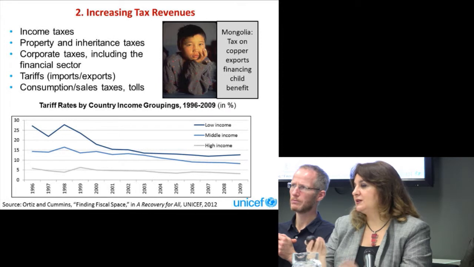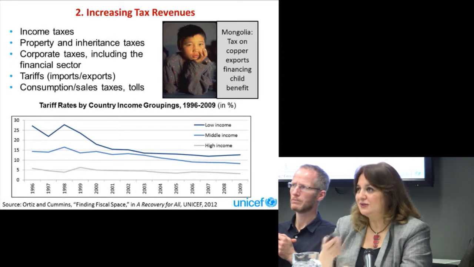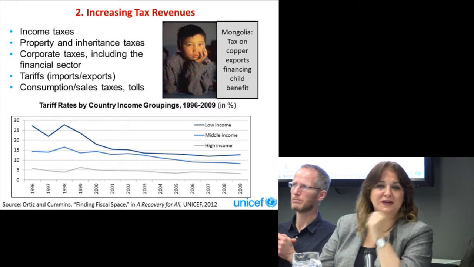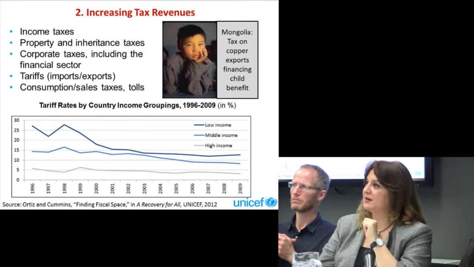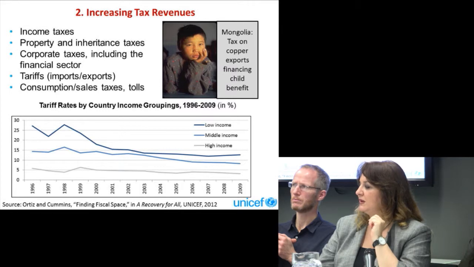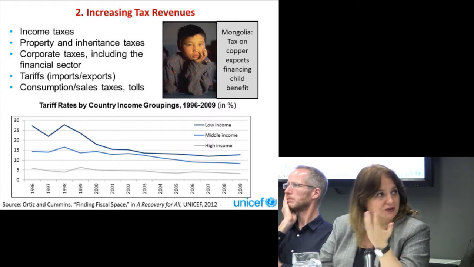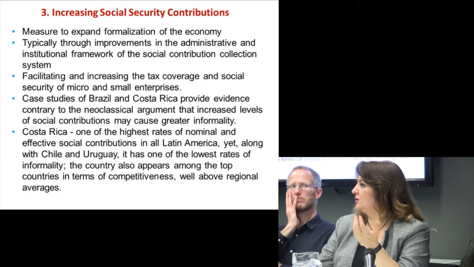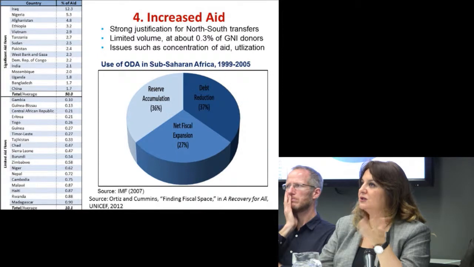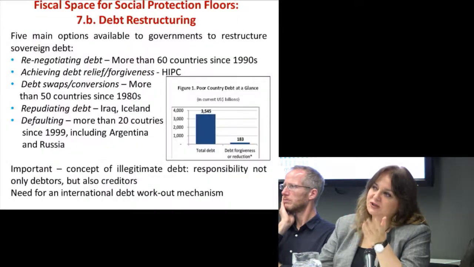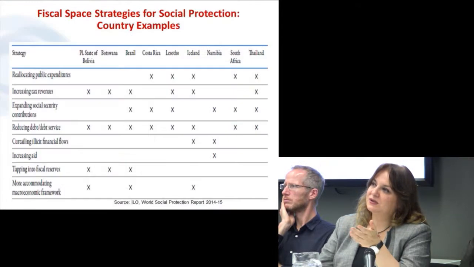And we do have examples from others, and no time to go into them, perhaps in the discussion, but let me say that there are very creative ways to do things, and let me pick an example, Mongolia. Mongolia is financing a universal child benefit from a tax on copper exports. So there are lots of possibilities to expand social protection, and I'm going to pass all those, and perhaps for the discussion.